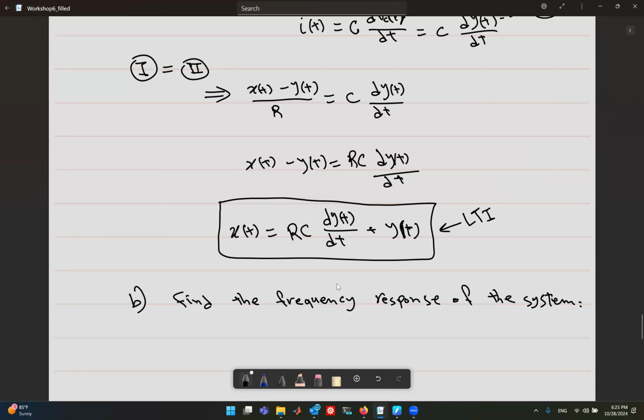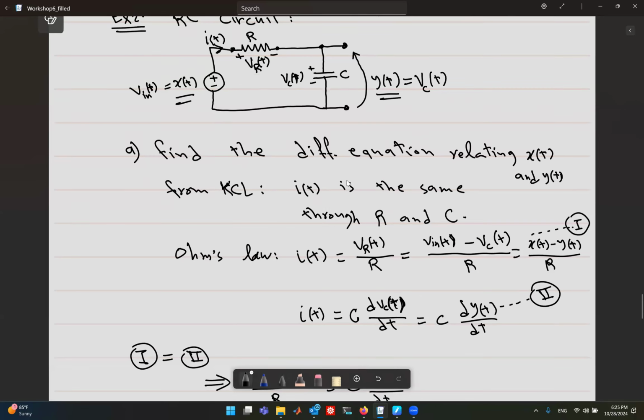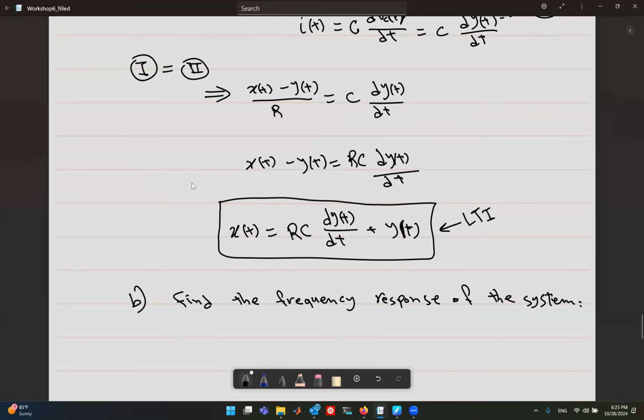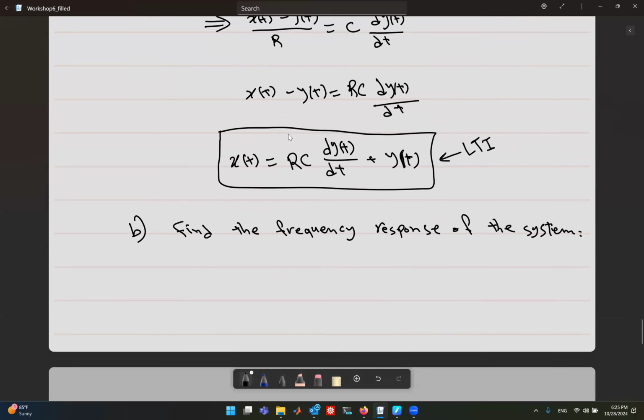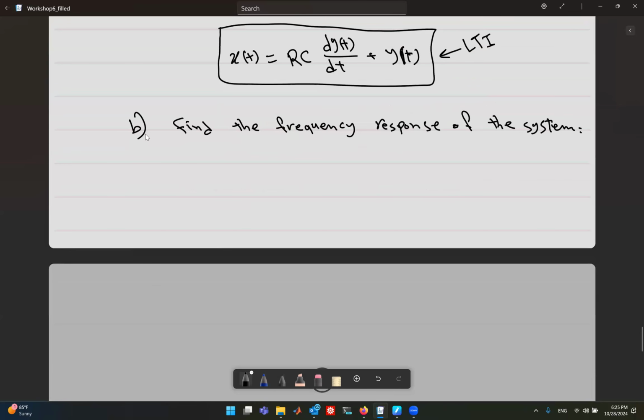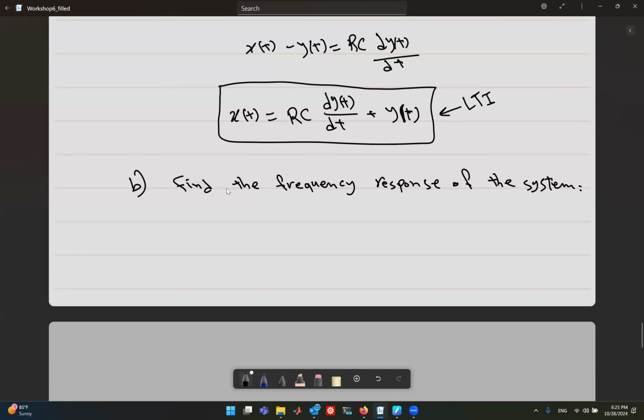Notice that till here we can do those steps for any system. It doesn't need to be a linear or time invariant system. But from here on, we will benefit from the fact that the system is LTI.